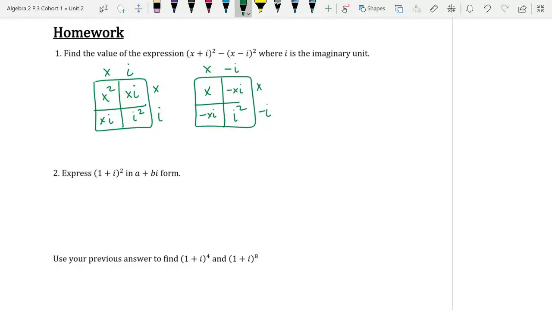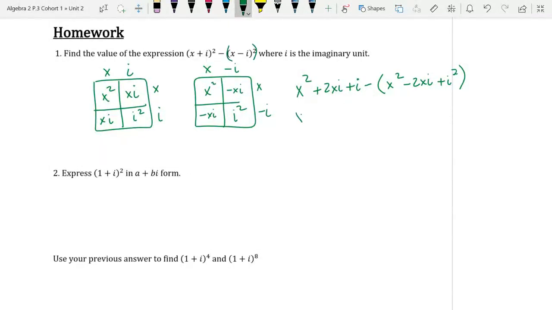So now what we're going to get here for that first expression is x squared plus 2xi plus i squared, minus parentheses x squared minus 2xi plus i squared. Notice I'm putting the second thing in parentheses because I'm subtracting all of this. This whole thing is being subtracted.